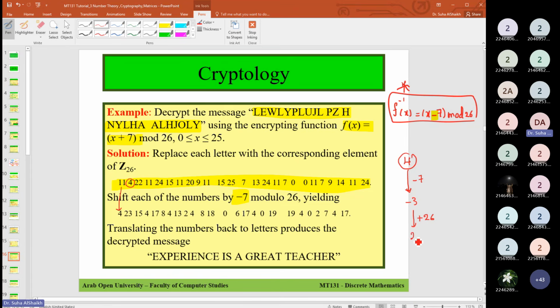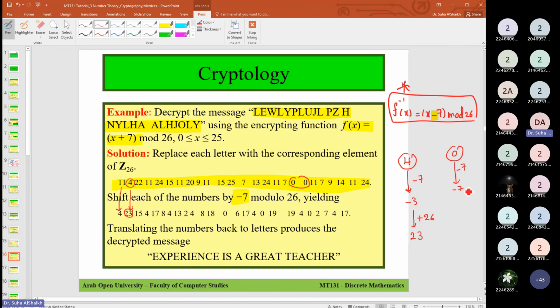Excellent. And this will take me to 23. So the 4 will go to 23. Try with the 0 here. You see the zeros here? The zero, for example, if I subtract 7 from it, it will go to minus 7. Minus 7 is an unusual value that I don't have in my table, so I have to add the 26, and this equals 19.